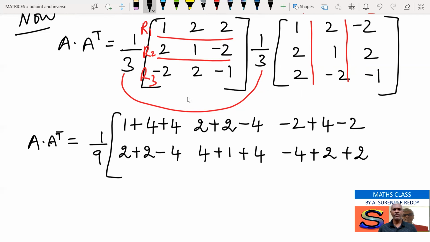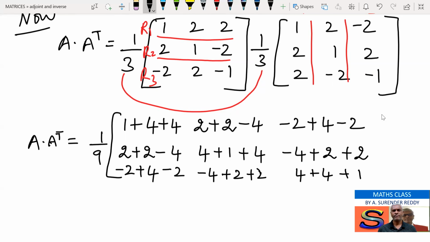R3 into C1, minus 2 into 1, minus 2, 2 into 2, 4, minus 1 into 2, minus 2. R3 into C2, minus 2 into 2, minus 4, 2 into 1, 2, minus 1 into minus 2, plus 2. R3 into C3, minus 2 into minus 2, plus 4, 2 into 2, plus 4, minus 1 into minus 1, plus 1.